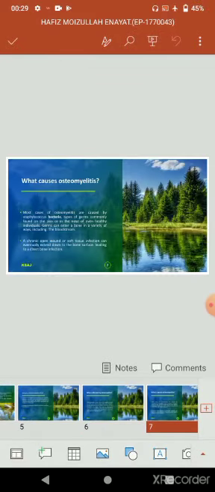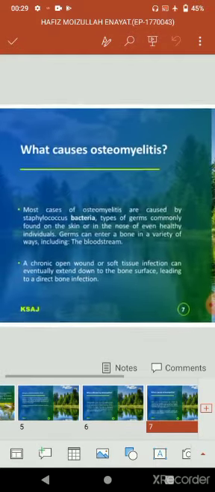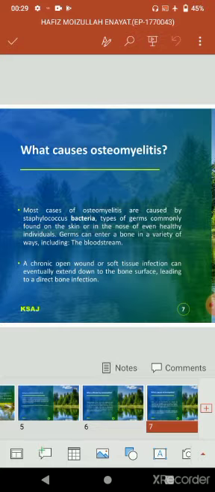What causes osteomyelitis? It can be caused by a variety of microbial agents, most commonly Staphylococcus aureus, and situations including an open injury to the bone, such as an open fracture with the bone ends coming out through the skin.